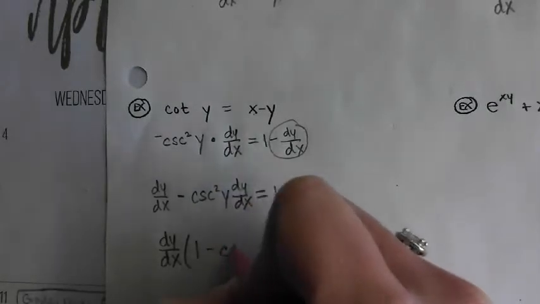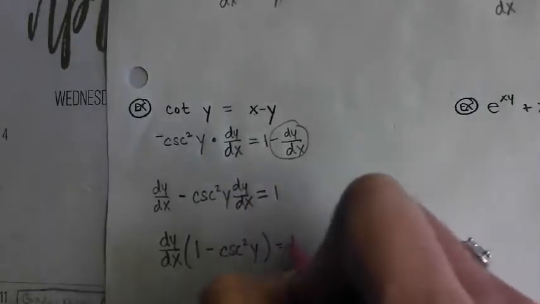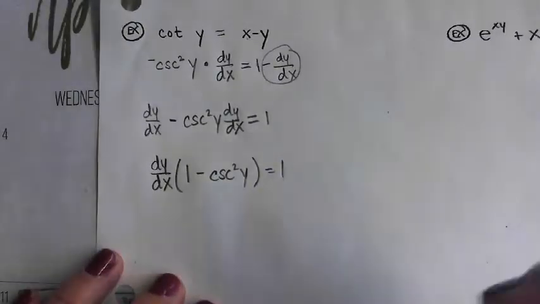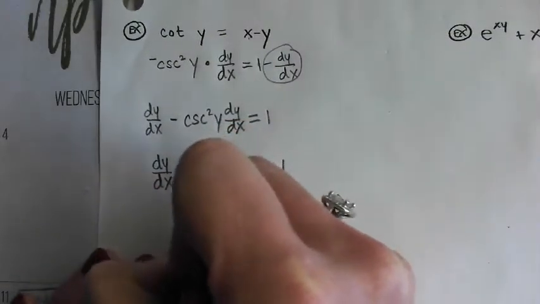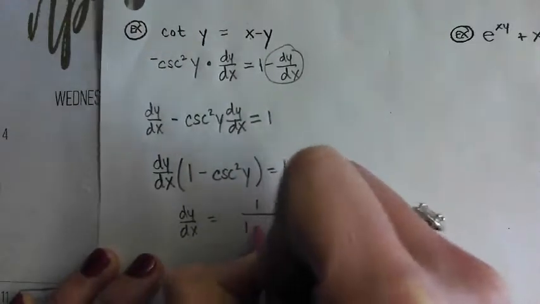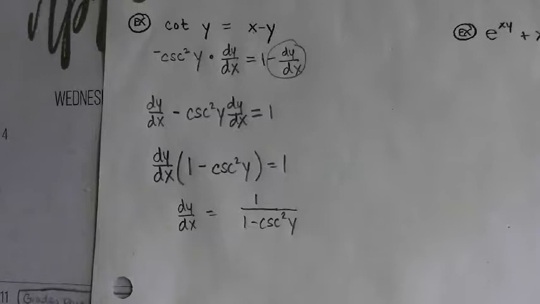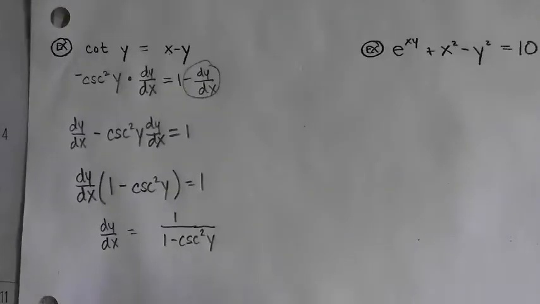And I get 1 minus cosecant squared y. And then just divide that over. Good? Any questions?